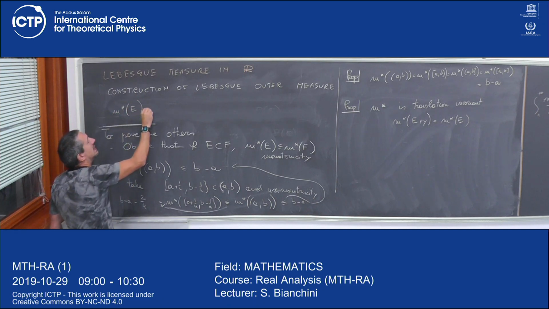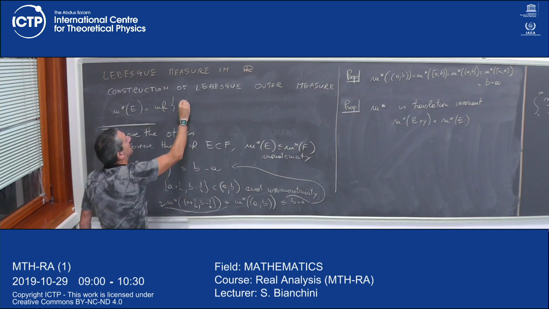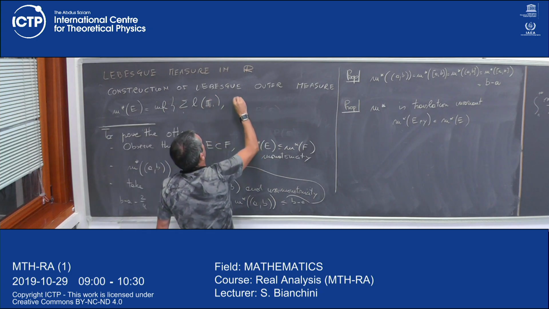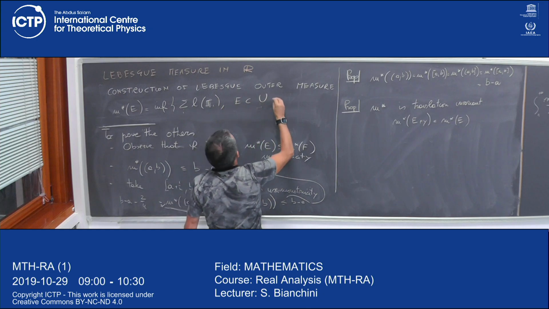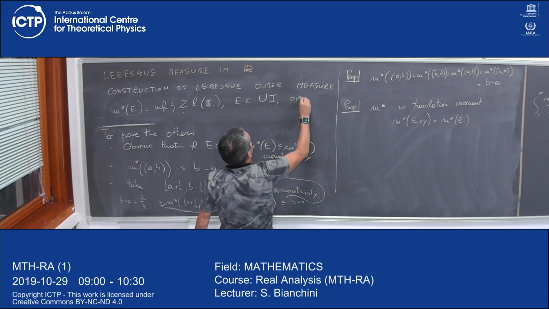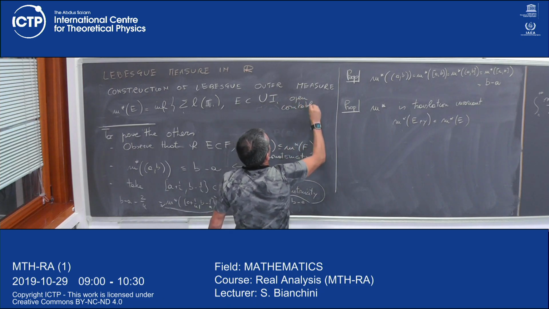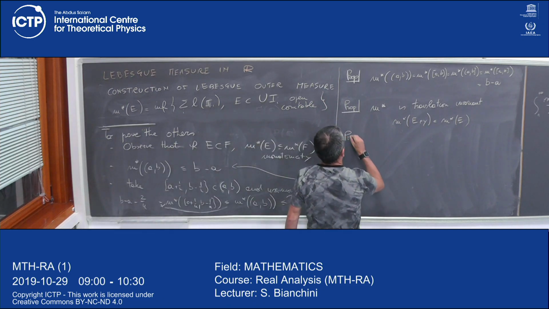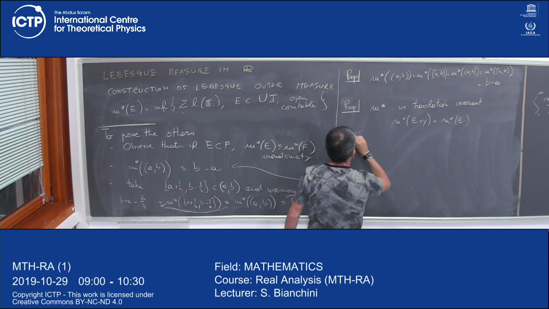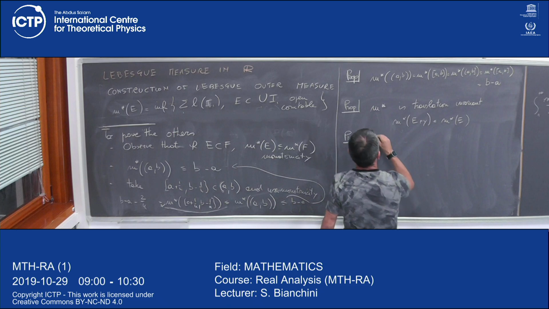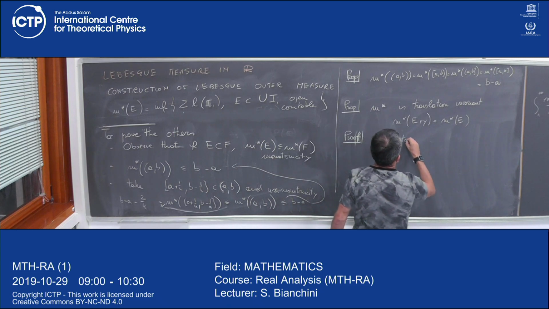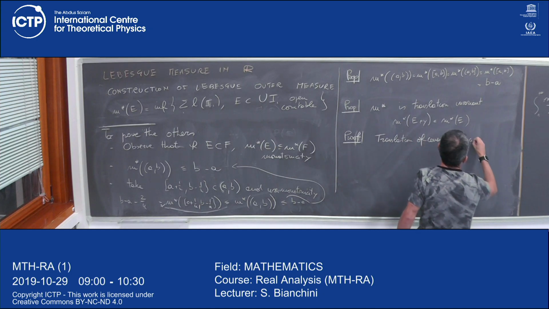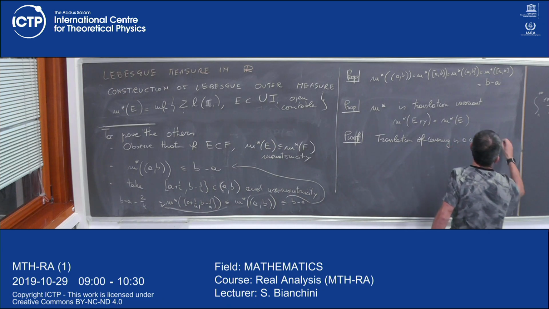And the outer measure is the infimum of the sum of the lengths of the intervals, where E is contained in the countable union of open intervals. Okay, so proof. Translation of a covering is a covering of the translation.